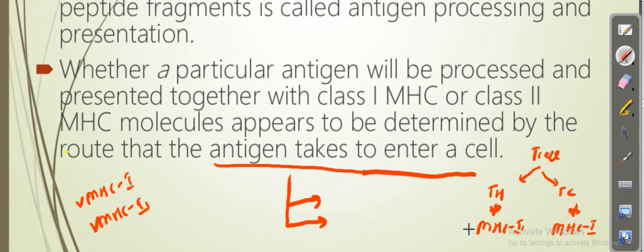MHC class 2 is mainly present on the antigen presenting cells, and these are B cell, dendritic cell and macrophages. And MHC class 1 is present on all the nucleated cells.